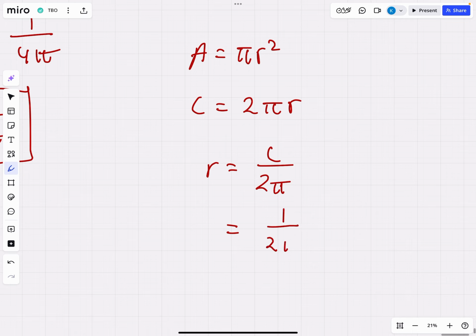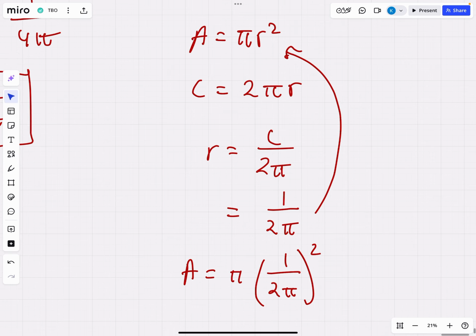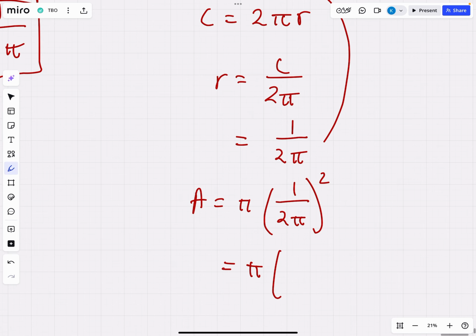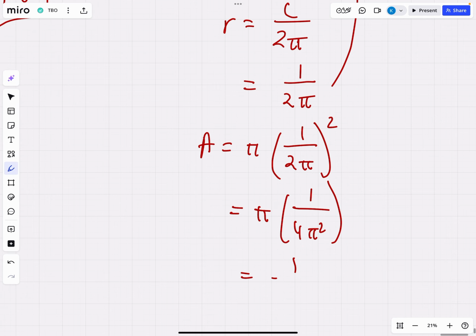Okay, so we're going to have 1 over 2 pi. So if we substitute that into here, we should have A equals pi times 1 over 2 pi squared, which equals pi lots of 1 over 4 pi squared, which equals 1 over 4 pi.